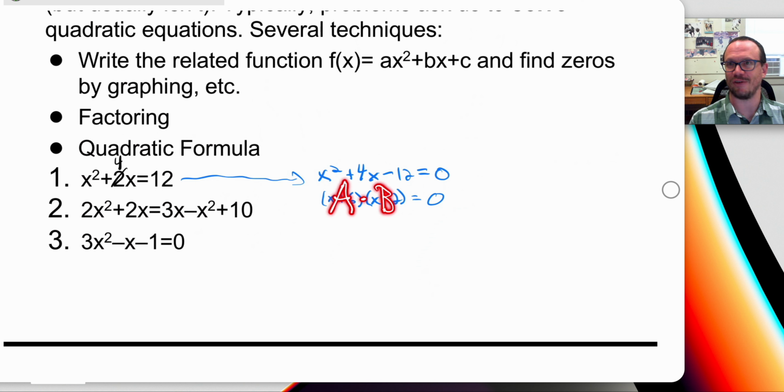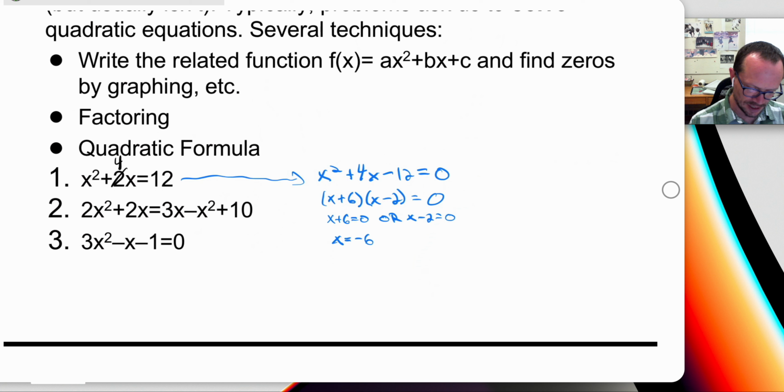Two numbers multiplied together equals 0. That tells you one of the numbers has to be 0. So I can think to myself, either x plus 6 is 0 or x minus 2 is 0, which means either x is negative 6 or x is 2. And those are the two values that would solve the quadratic equation.